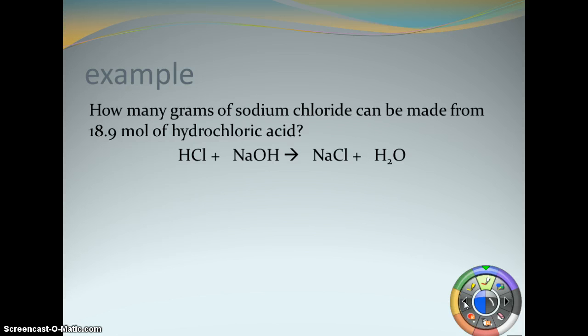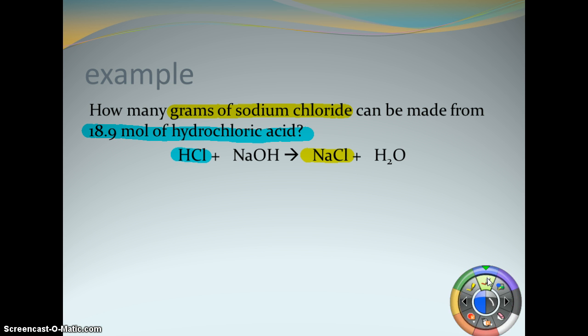Let's try another one. How many grams of sodium chloride can be made from 18.9 moles of hydrochloric acid? So we're going to be starting with 18.9 moles of HCl. There's our hydrochloric acid. We are looking for grams of sodium chloride. So we're going to look at the sodium chloride.